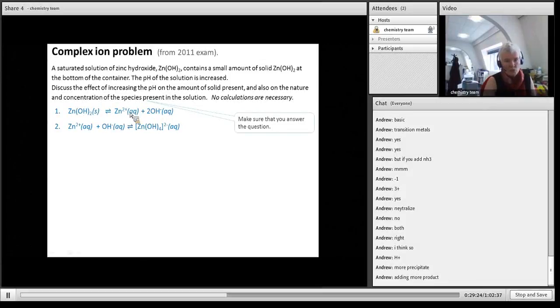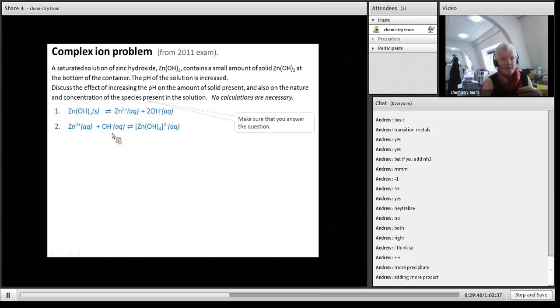But as I'm adding more, it's going to form the complex ion. So as I keep on adding, my hydroxide reacts with the zinc, so the zinc gets removed to form the complex. Although don't talk about hydroxide here because you're adding hydroxide, so that's constantly changing.